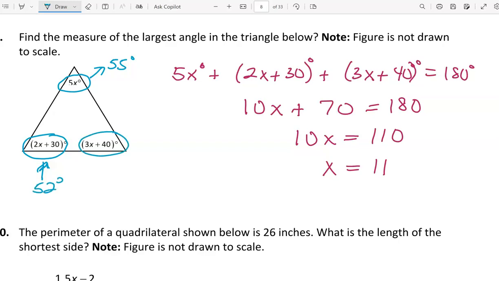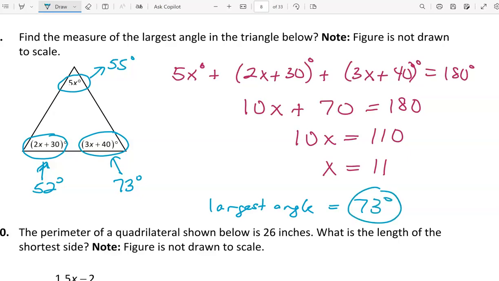And then if x is 11, 3x is 33 degrees, plus 40 is 73 degrees. And so what is the measure of the largest angle? That would be 73 degrees. Now, as a check, we can just check that 73 plus 52 plus 55 add up to 180 degrees, and in fact they do.